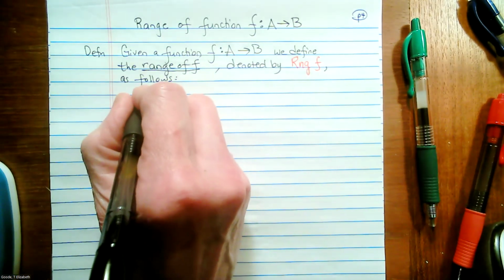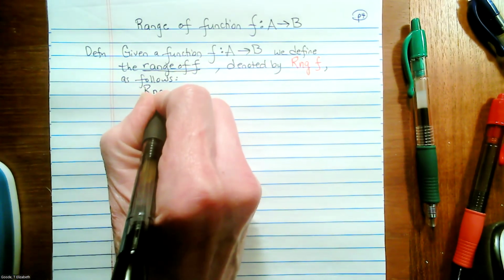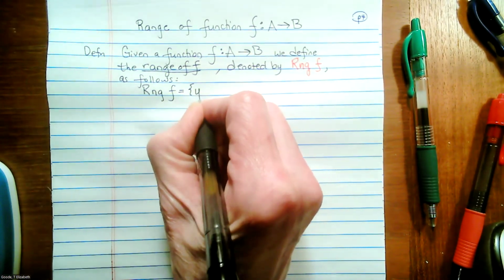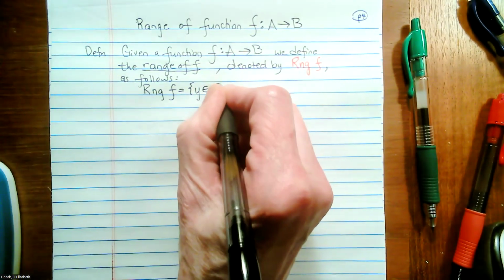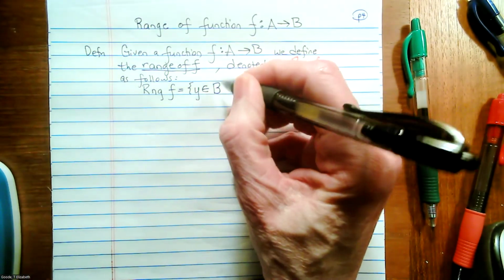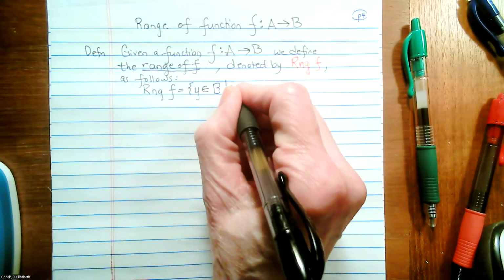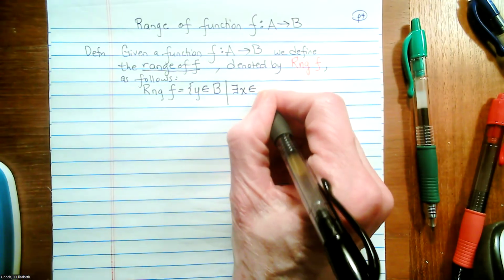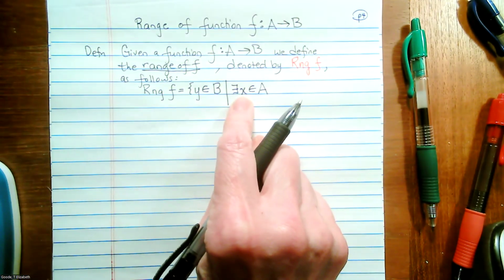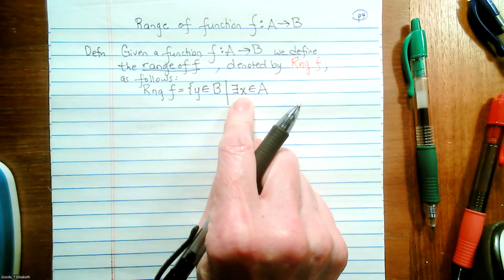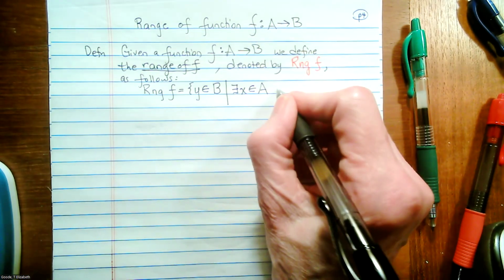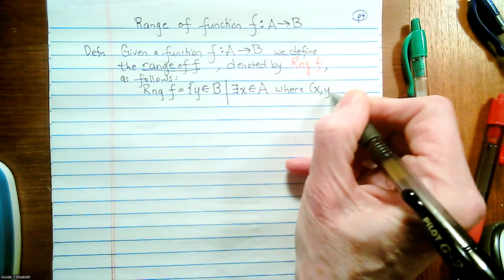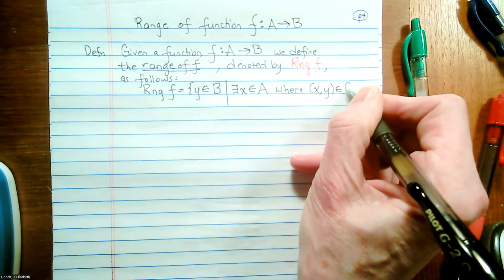So let's write this down using mathematics. The range of f is equal to the set of Y in B, the codomain, such that, or for which, or with the property that there exists an X in A. And this just means at least one. There could be several. But there exists an X in A where the ordered pair (X, Y) is an element of f.